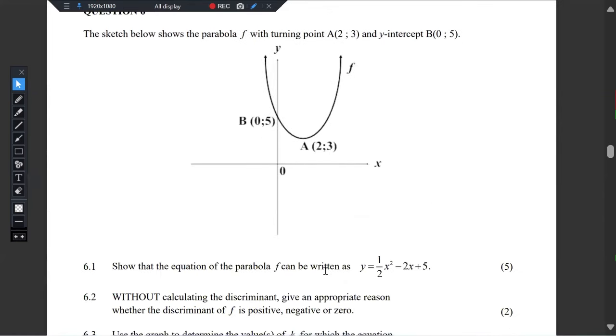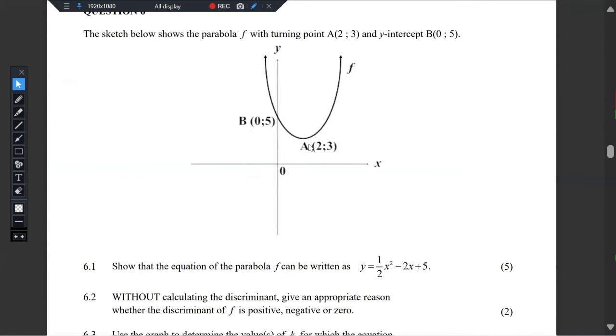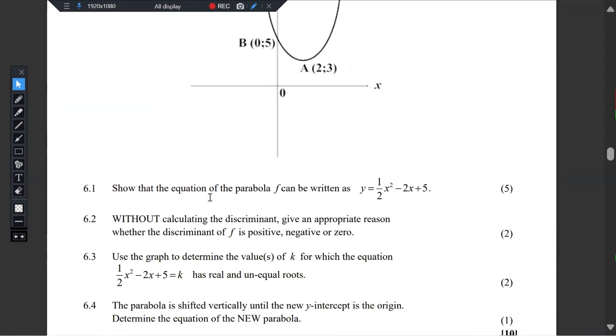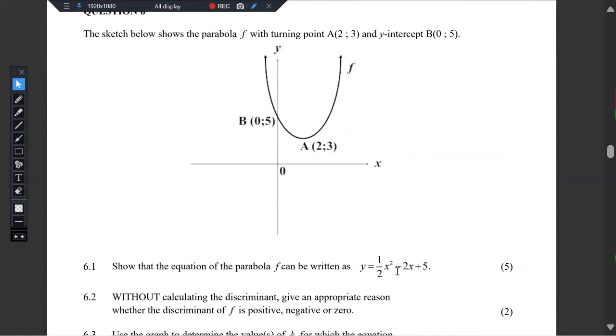Then, okay, we have question 6, which is a parabola. The sketch below shows the parabola f with turning point (2;3) and y-intercept B (0;5). They say, show that the equation of the parabola f can be written as y equals half x squared minus 2x plus 5.